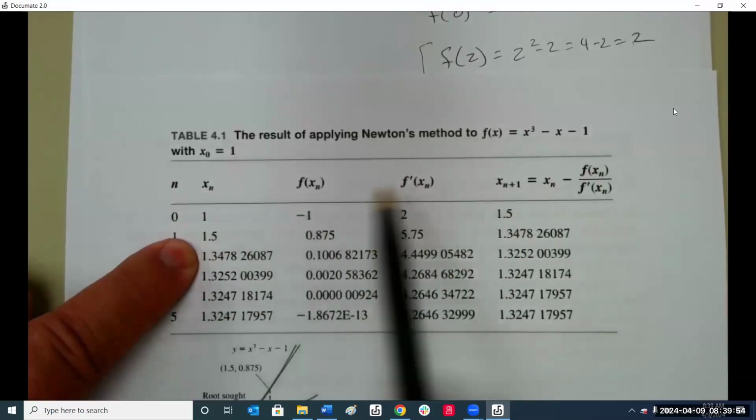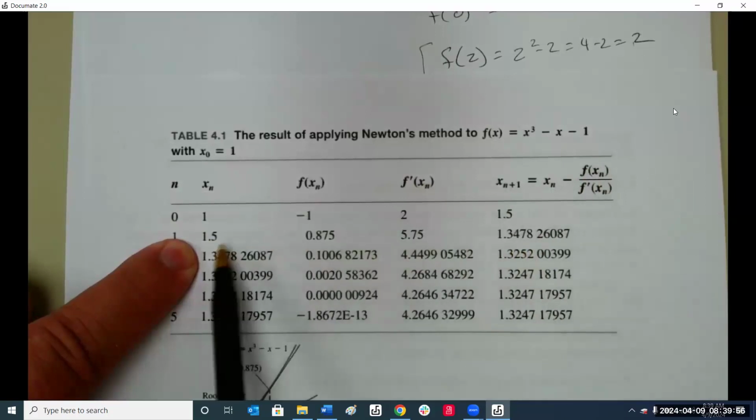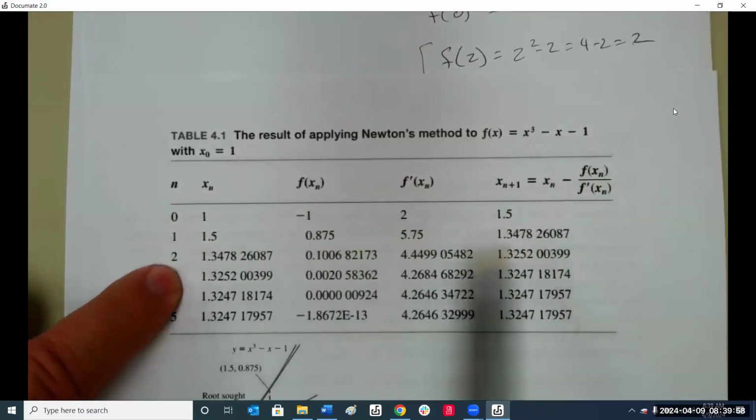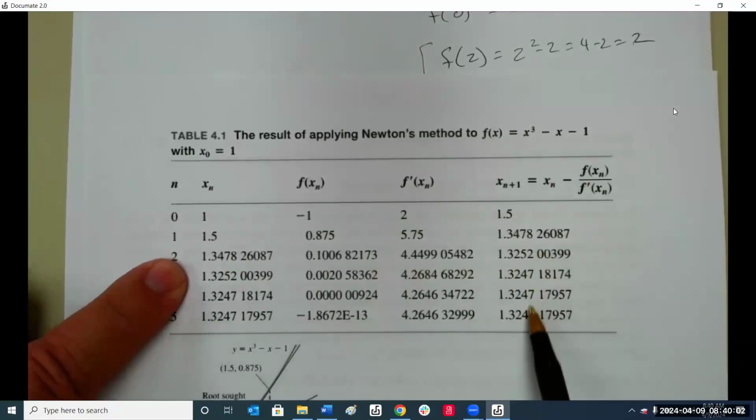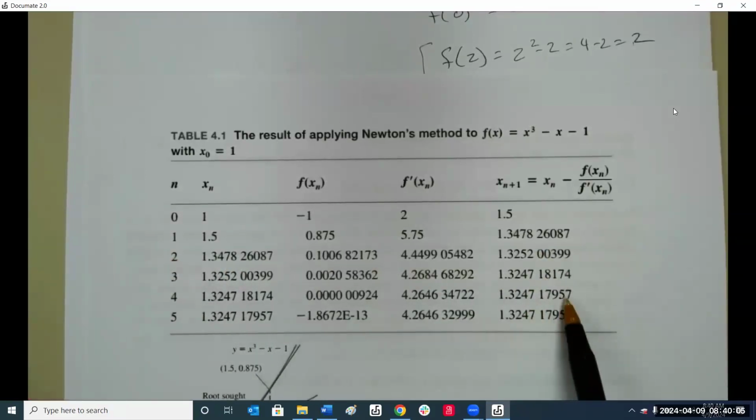Plug that x inside these and plug that into the equation. You get this. Now this is your next input. You keep on working it out, and you see how it works. Once it starts repeating, then we know that that's our significant digit.